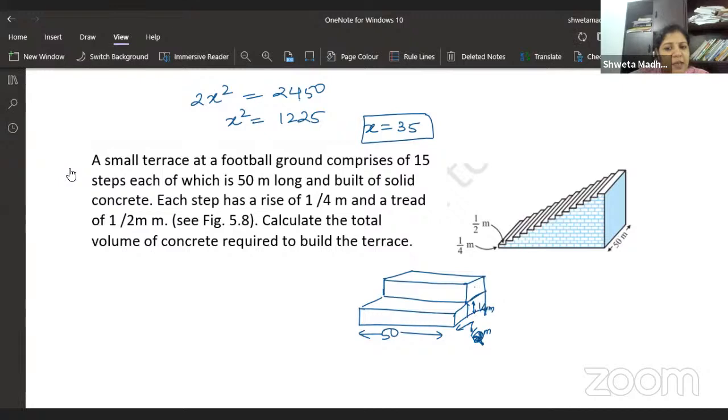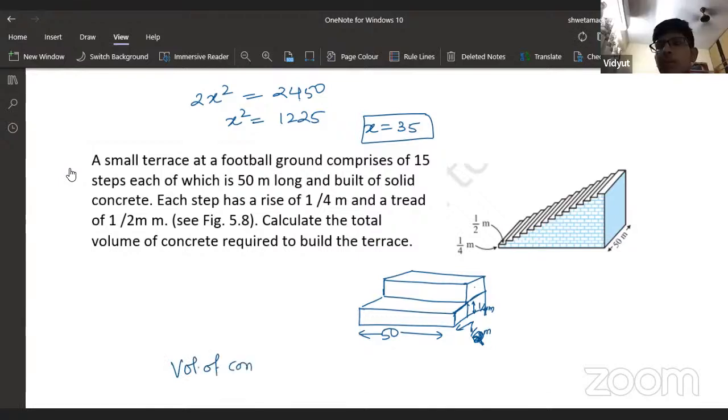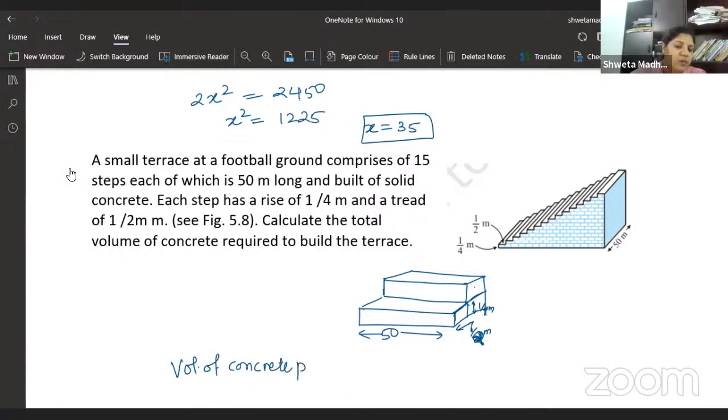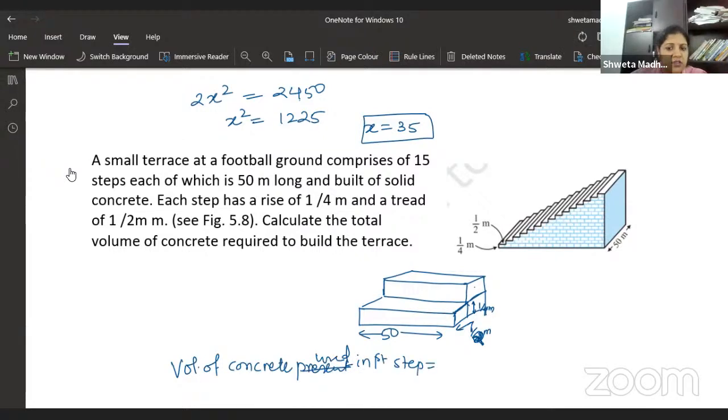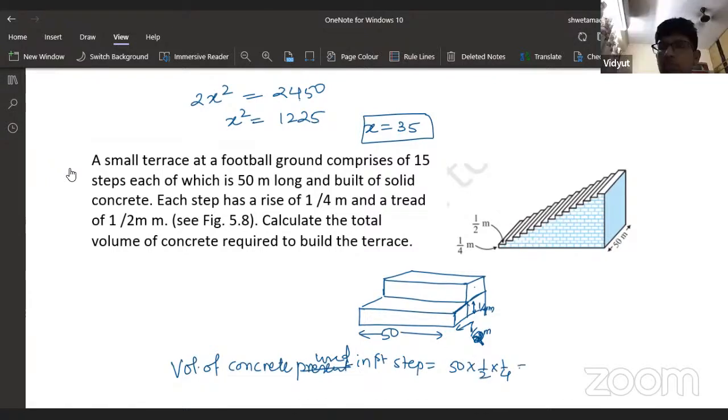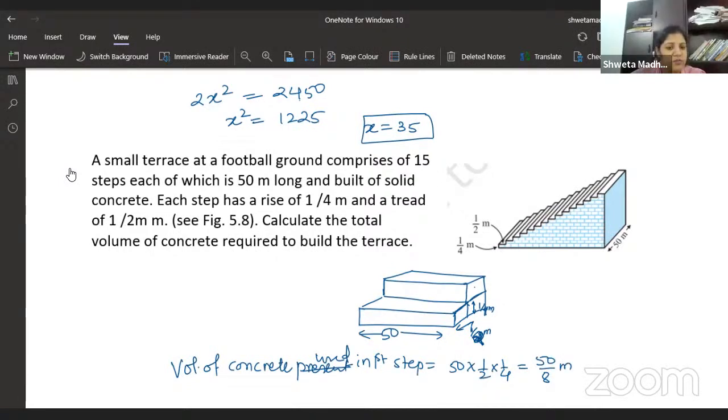So now here, in one step, how many cuboidal structures are there? Volume of concrete used in the first step is equal to L into B into H, that is 50 into 1/2 into 1/4, right? So that is 50/8 meter cube.